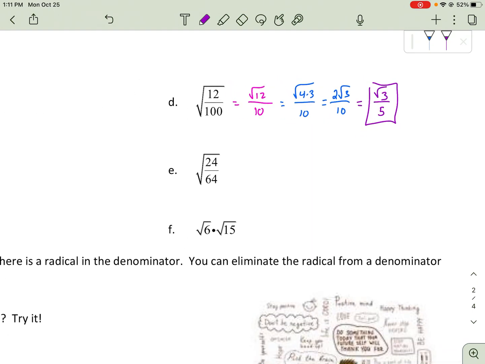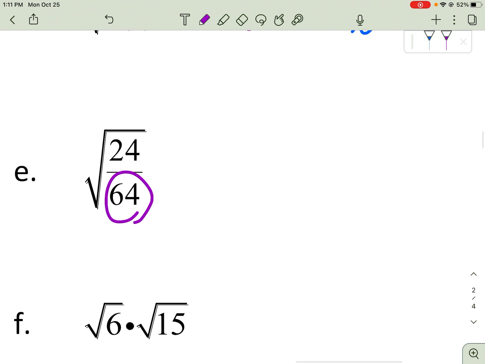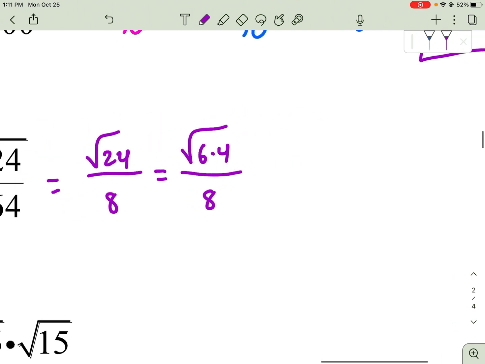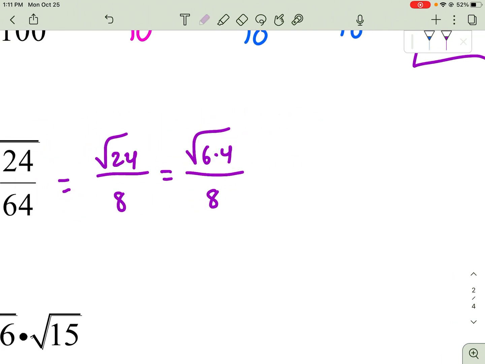Okay, same thing on E here. I don't want to divide first because this number is a perfect square. So I'm going to do the square root of 24 over the square root of 64, which is 8. Square root of 24, though, is 6 times 4. That's still over 8. I know the square root of 4 is 2. And I don't know the square root of 6, so it stays under there.